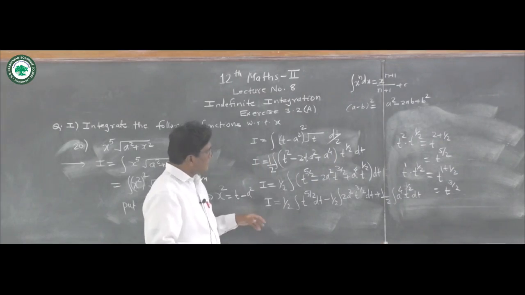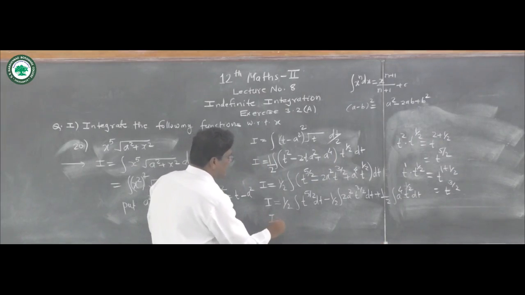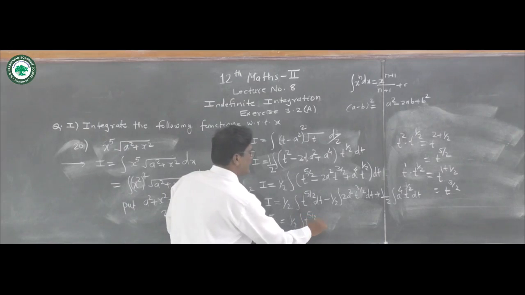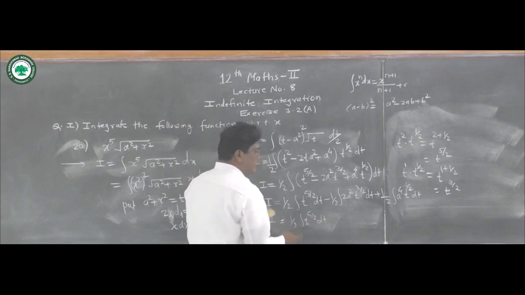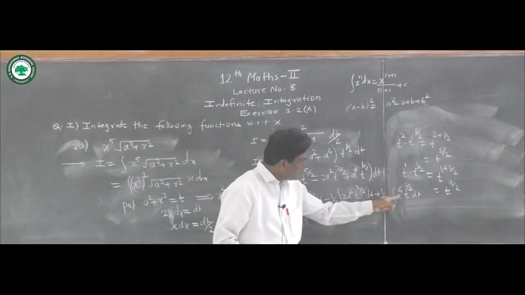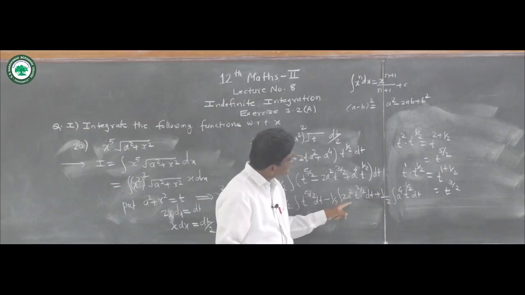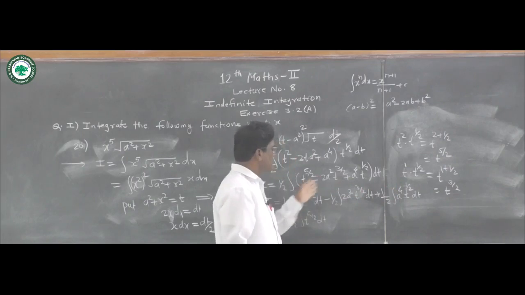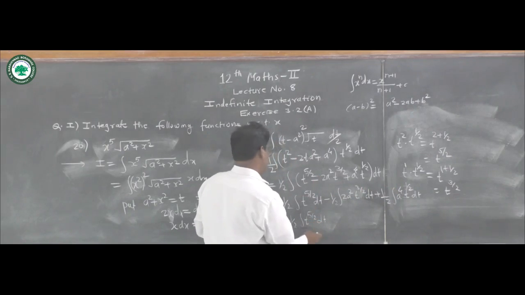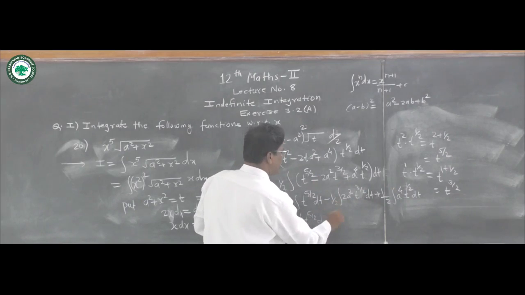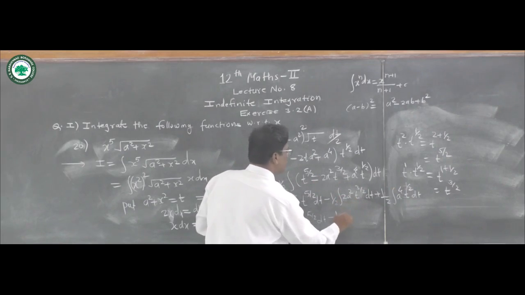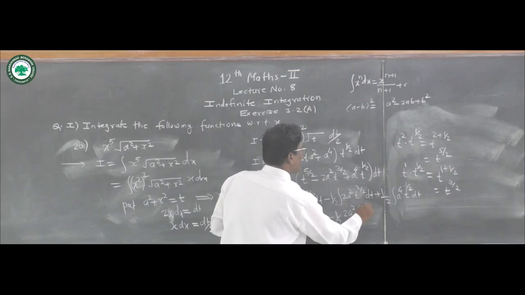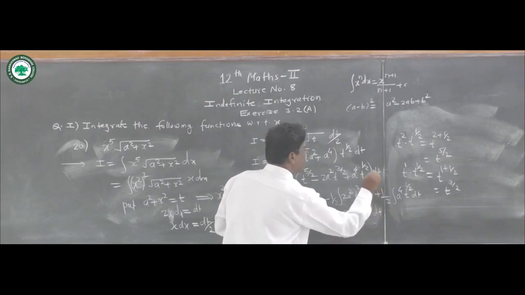Now here again I is equal to this 1/2 as it is, integration of t to the power 5/2 dt as it is, but here this 2a square and a to the power 4, these are constants. Here 2a square is constant, here a to the power 4 is constant. Take outside the integral, and so minus this 1/2 as it is, this 2a square constant into integration of t to the power 3/2 dt.